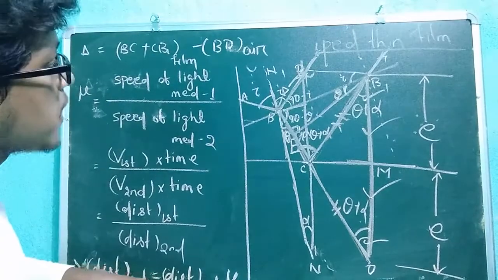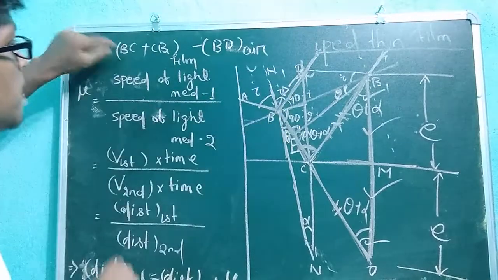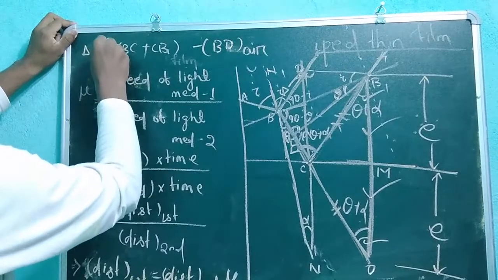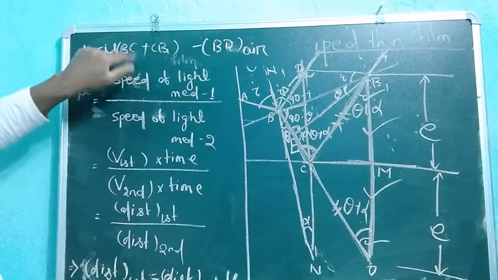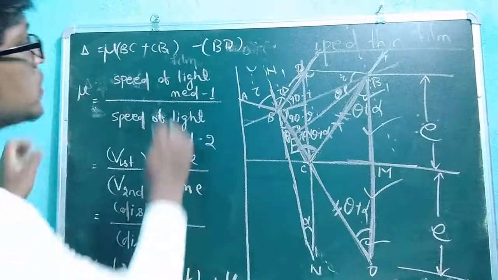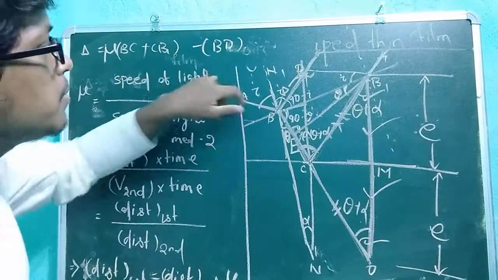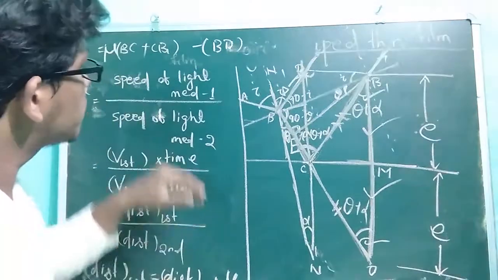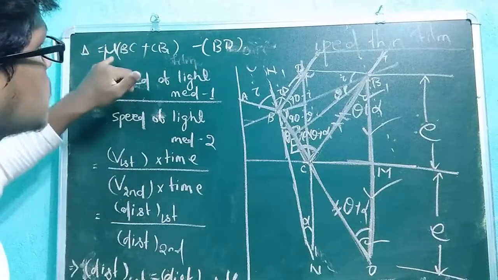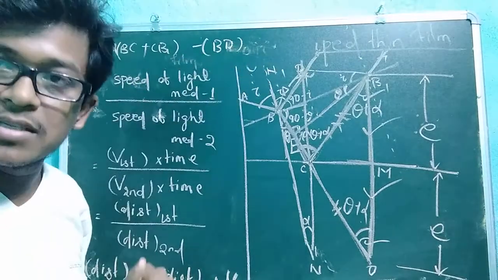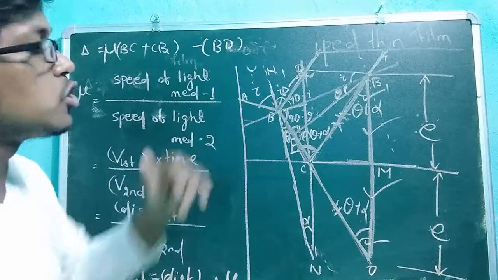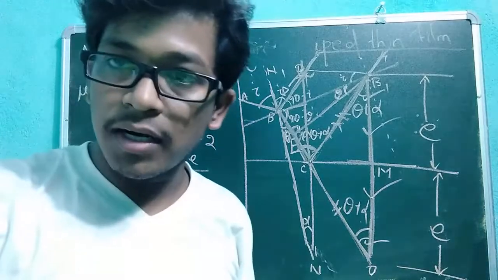This is the first medium, second medium. If I multiply the refractive index mu with this one, then I can remove these terms. I had written film here and air here. After introducing mu, I got a chance to remove this part because I got an equilibrium between these two, showing how both are interrelated.